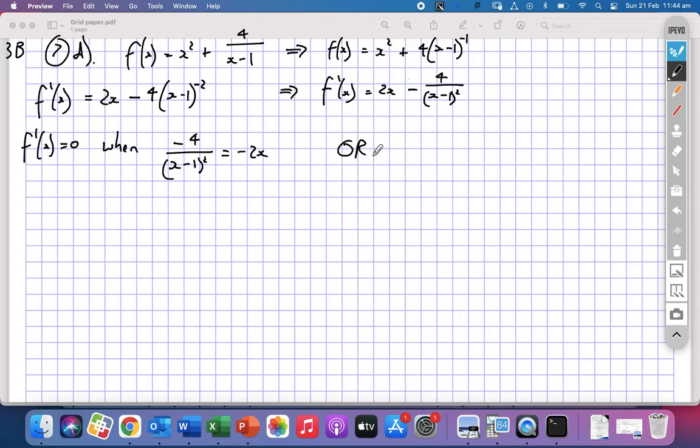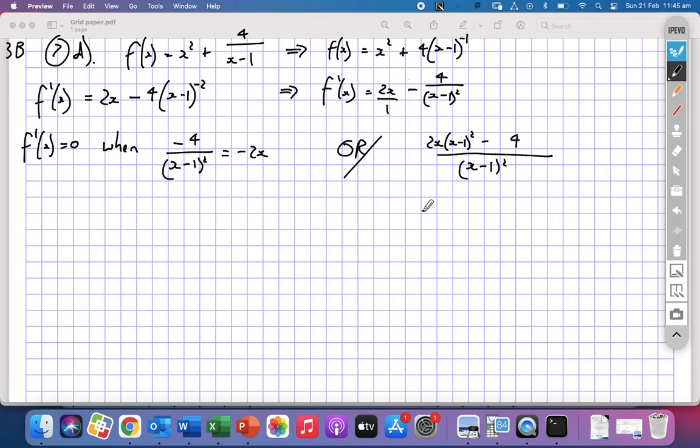Or you could use a common denominator. You could say, let's put the whole thing on x minus 1 squared. We have to times that by x minus 1 squared minus 4. Right, so I'm giving this term here the denominator x minus 1 squared, so I have to times the top by that as well.